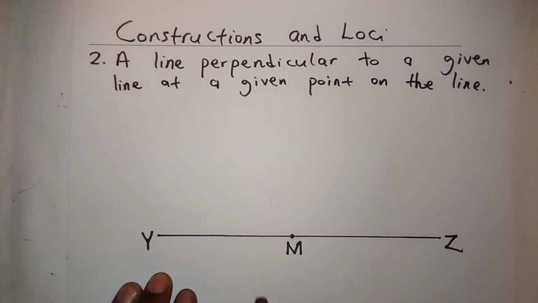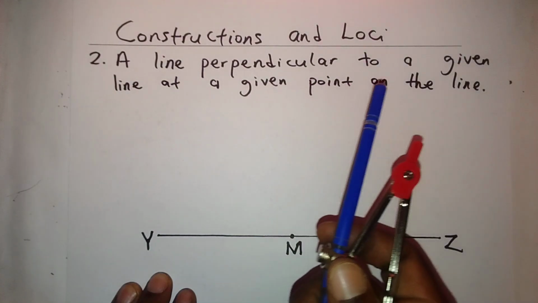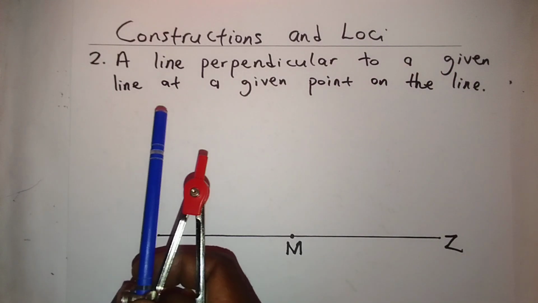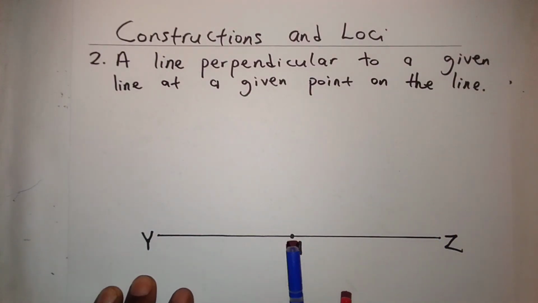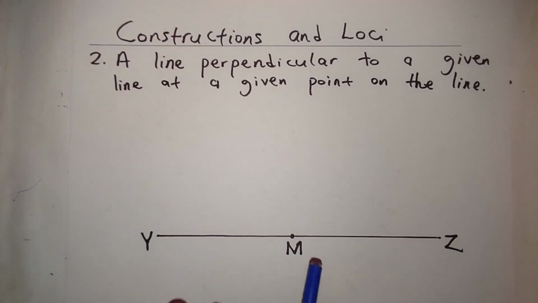Now I want to construct a line perpendicular to a given line at a given point on the line. So this is the given line YZ, and the given point on the line is M. So I want to draw a perpendicular at this point M on the line YZ.